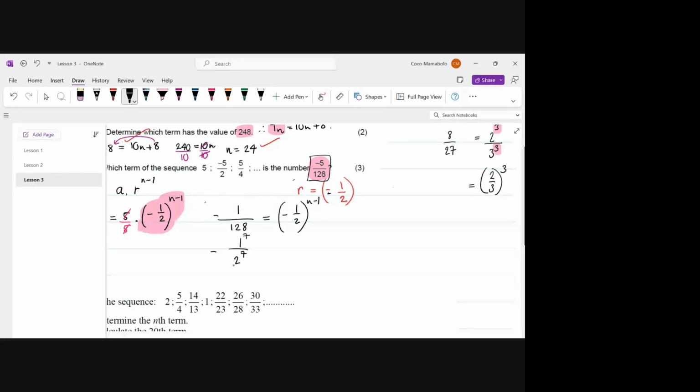So on this side, I'm going to end up with (negative 1 over 2) to the power of 7 is equal to, and on this side, I will have (negative 1 over 2) to the power of n minus 1. And now, do you see what I'm seeing? Does everybody see what I'm seeing? Yes, I have the same base.